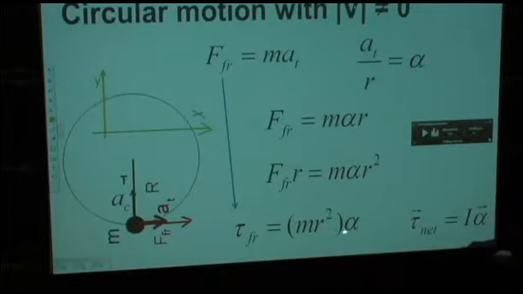And we can write the same equation for all particles an object is made of, for all of them. And then we can add them up all together. So if we're adding torques acting on all particles, the result is what we call the net torque. And it turns out the net torque is directly related to the angular acceleration.